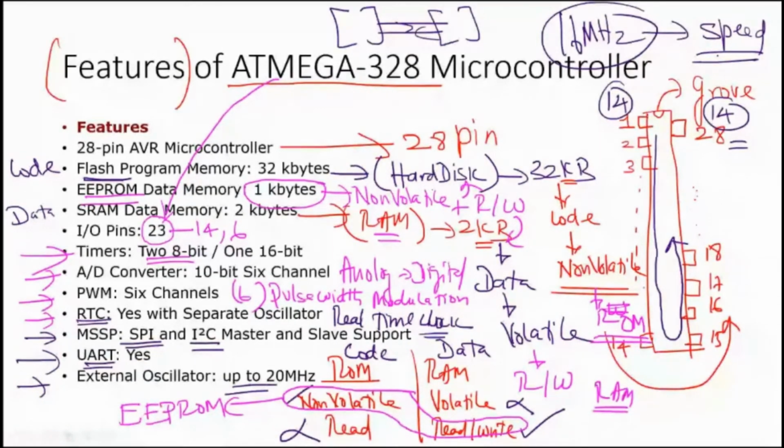Majority of the specifications are transformed into the specifications of the Arduino board itself, because the features of the board are decided and dictated by the features of the microcontroller. What is the feature of the microcontroller gets transformed into the feature of the board itself. Just like the characteristic feature of a father of a family represents the family itself.